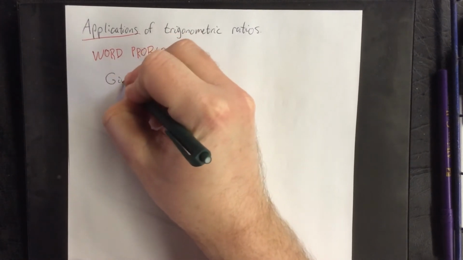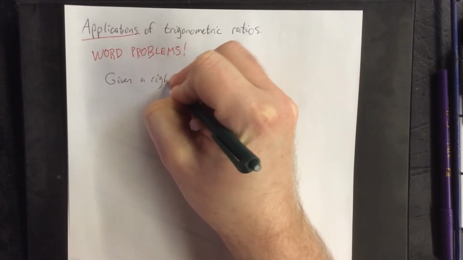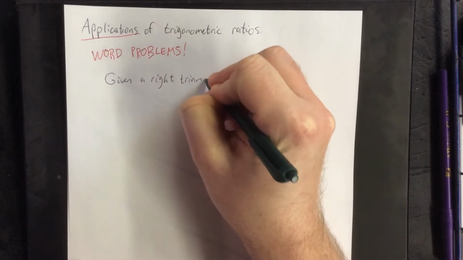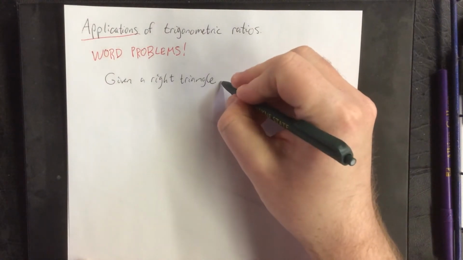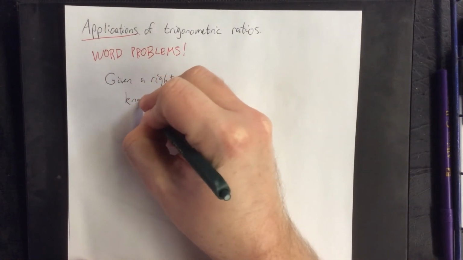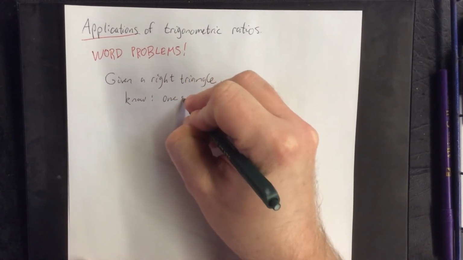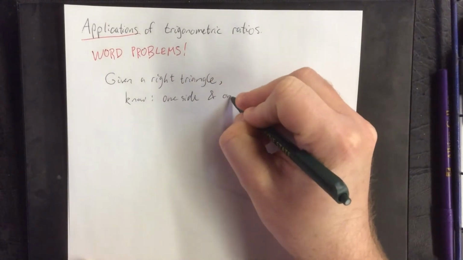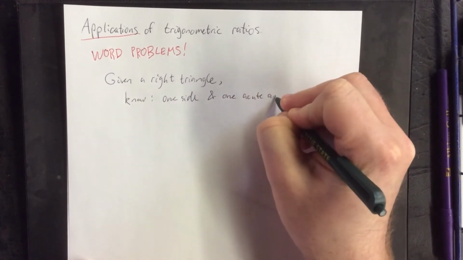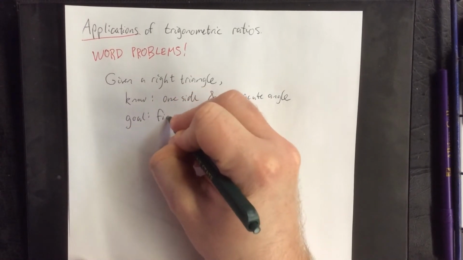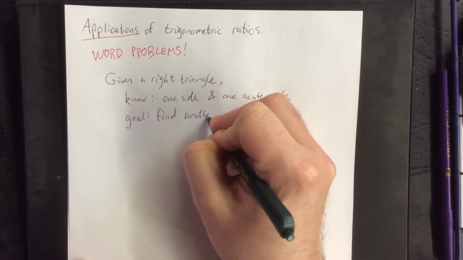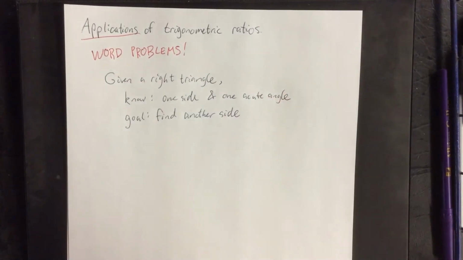So given a right triangle situation, usually something between vertical and horizontal with a slanty side as well, if you know one side and one acute angle, and your goal is to find another side, you can set up a trigonometric ratio that will assist you in finding such a thing.